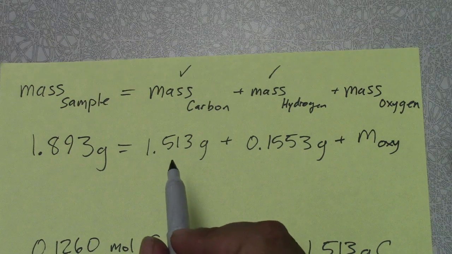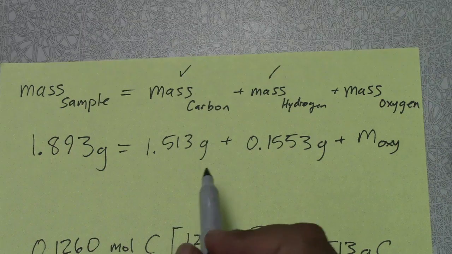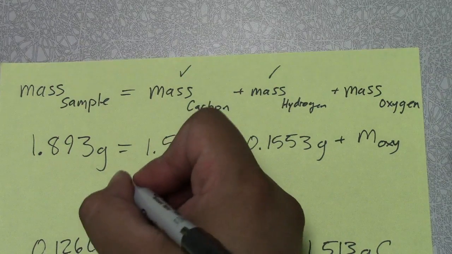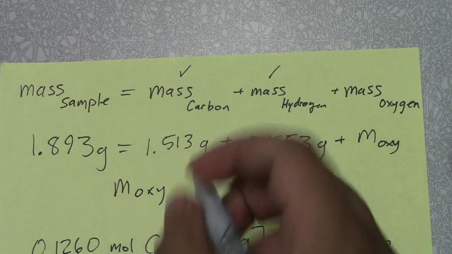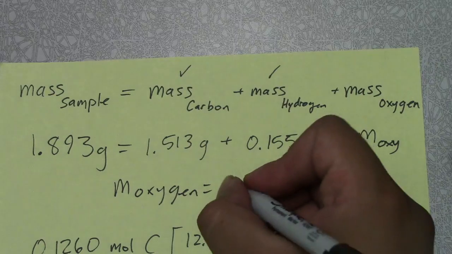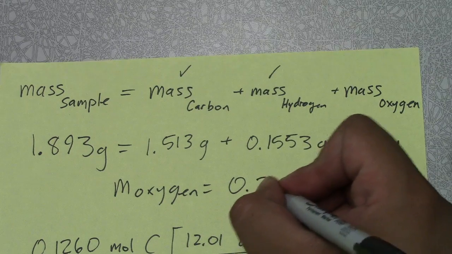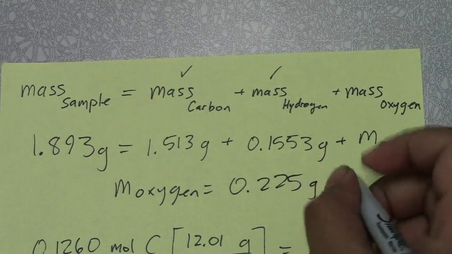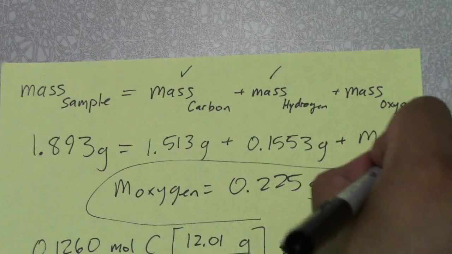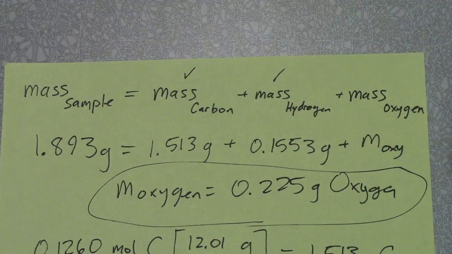We're going to subtract 1.513 from both sides and 0.1553 from both sides. The leftover mass is going to belong to oxygen. The mass of oxygen that we find comes to about 0.225 grams of oxygen. Yeah, go us. We are getting closer to the finish line.